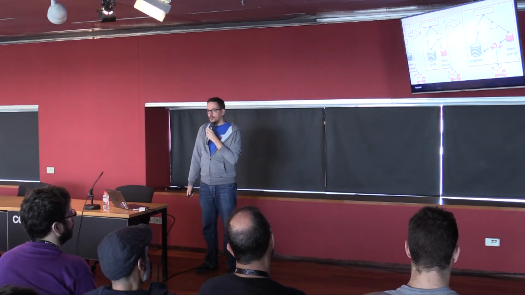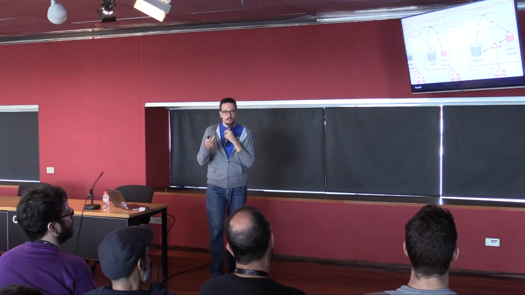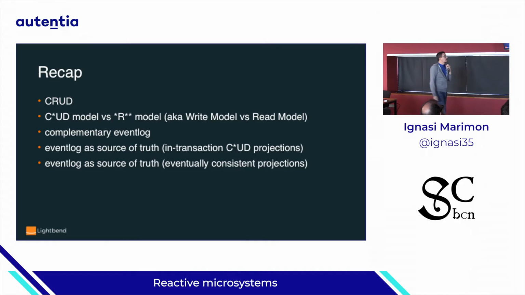Okay, putting what we've just seen into words. We've seen a CRUD microlith, a microlith that separates write operations from read operations, a complementary event log, an event log as the source of truth but happening in the same transaction as my projections, or an event log as the source of truth with eventually consistent projections.